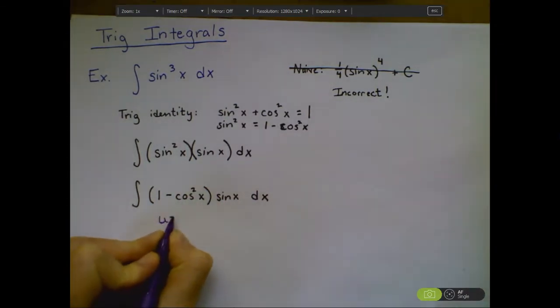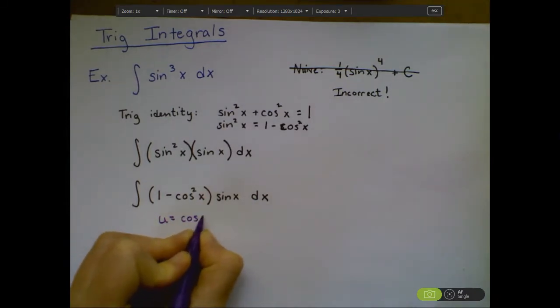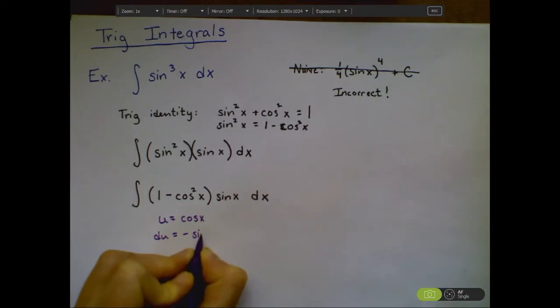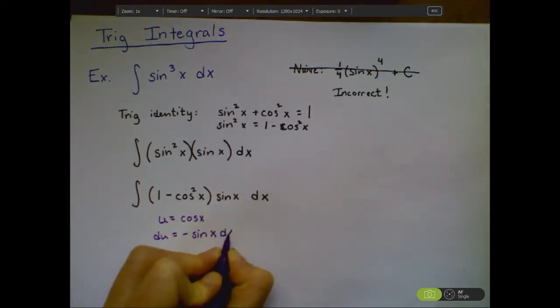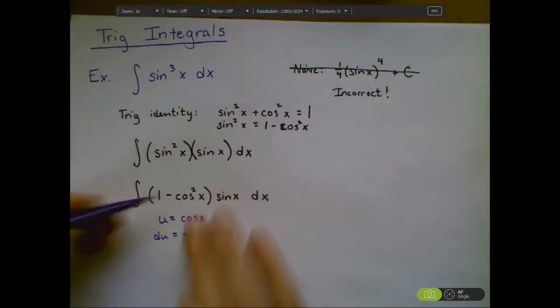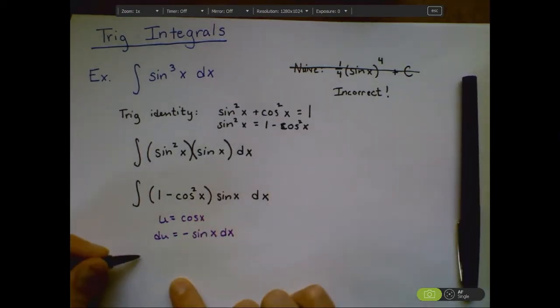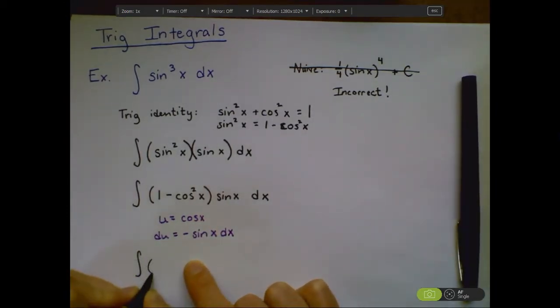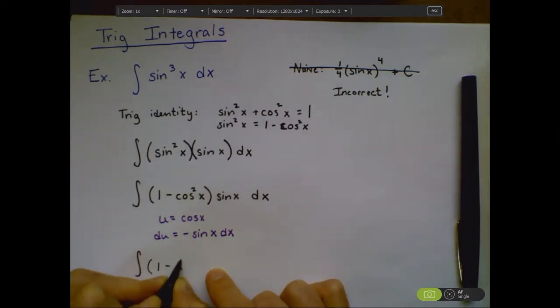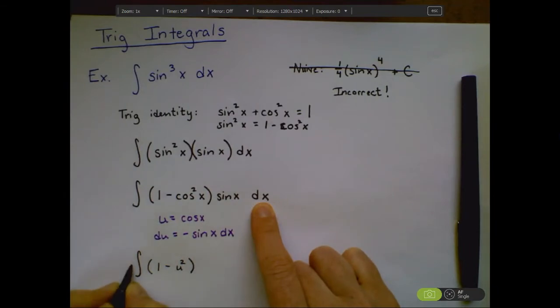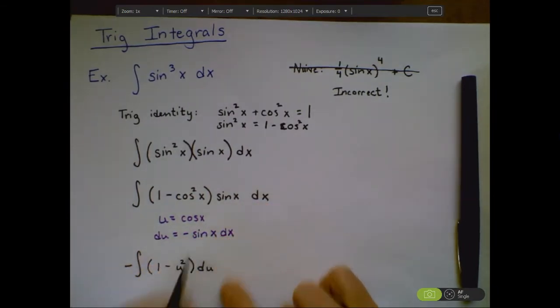So I'm going to let u equal cosine of x, and then du is equal to negative sine of x dx. And I can convert these pieces in this integral. So that means that my integral is equal to 1 minus u squared, and for the sine x dx, I need a negative to get my du from this negative sign.